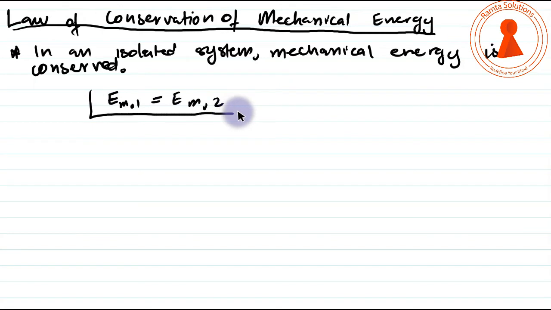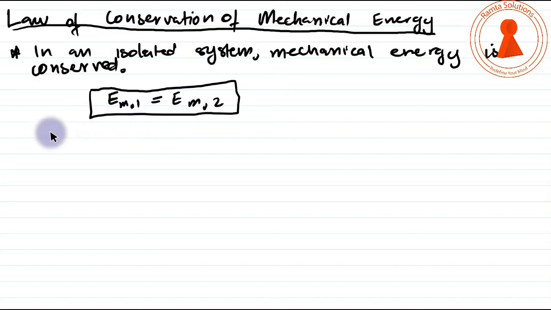Remember, this applies only when the system is affected by gravity only and no other forces. If your system is affected by other forces, mechanical energy will not be conserved. When we say mechanical energy is conserved, we mean mechanical energy before will be equal to mechanical energy after.